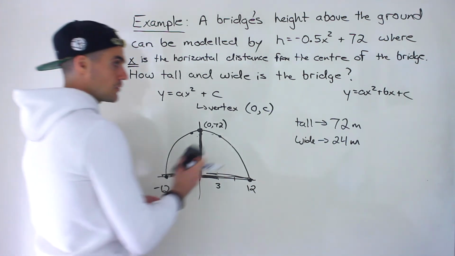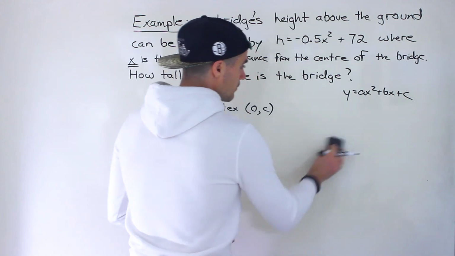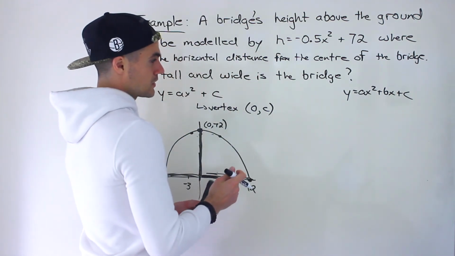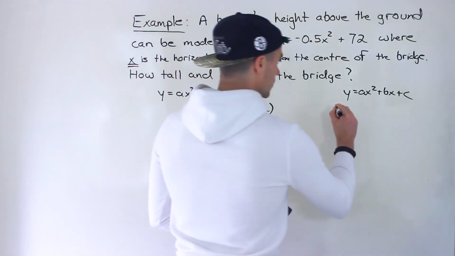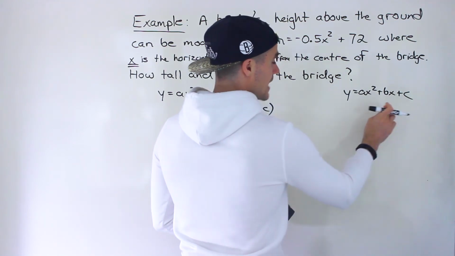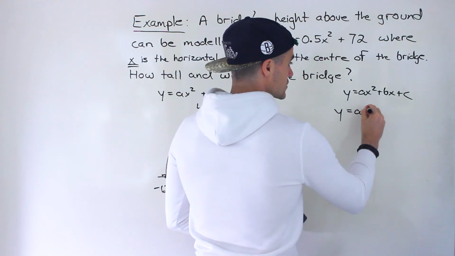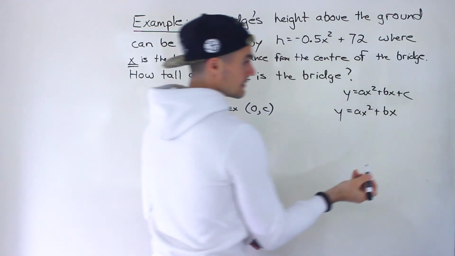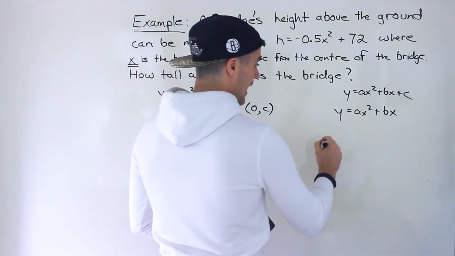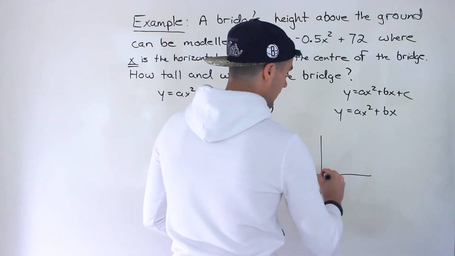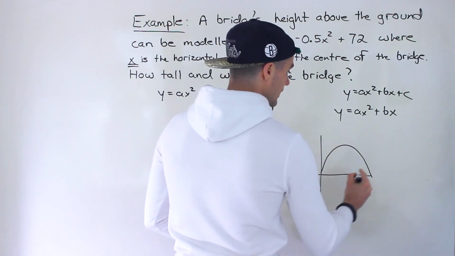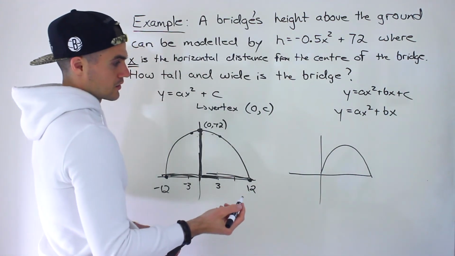In the next video, what we're going to go over is another scenario, just to give you maybe a quick preview of what's going to happen. Well, we won't have a c value, so we'll just have ax squared plus bx like this. And so what's going to happen is that the bridge in that case is going to look something like this, right?